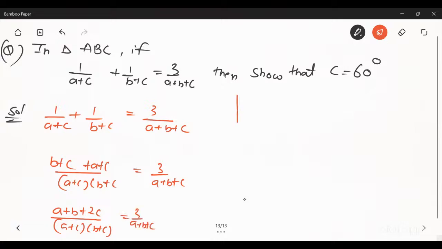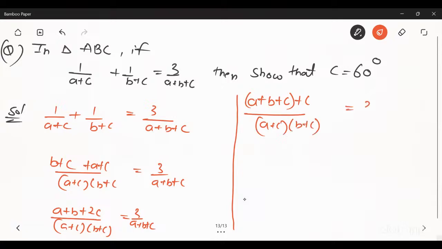Now cross multiply. Before cross multiplying, you can write a plus b plus 2c as a plus b plus c plus c, upon a plus c into b plus c, is equal to 3 upon a plus b plus c.